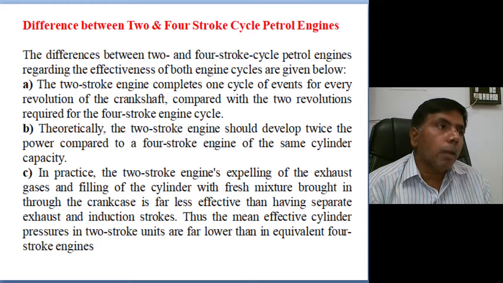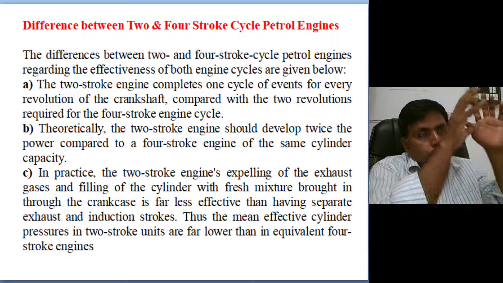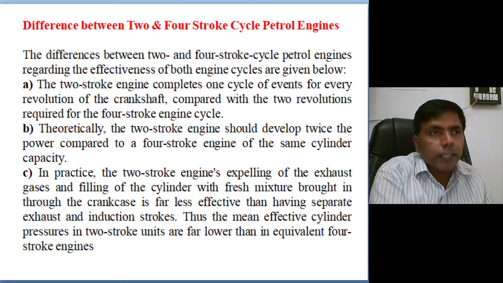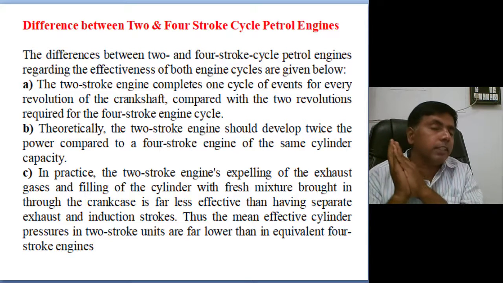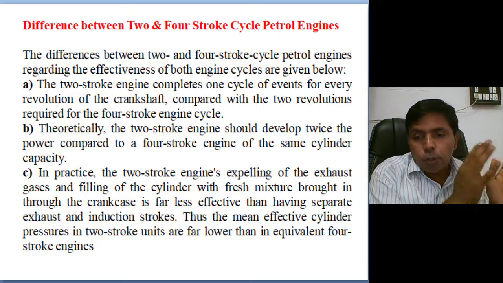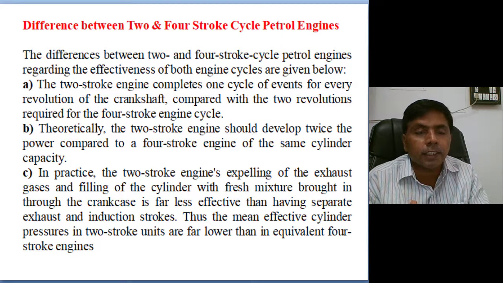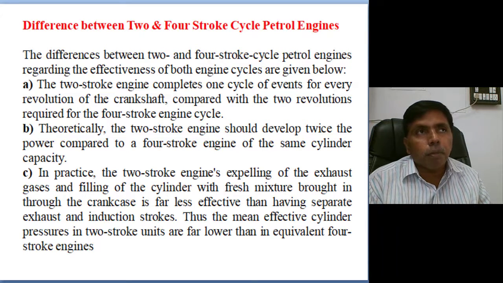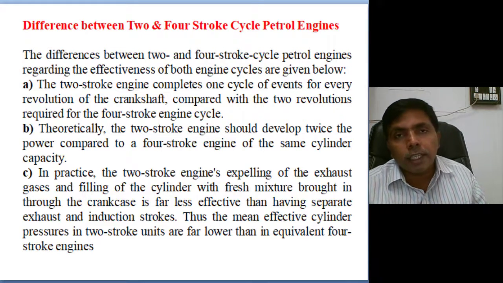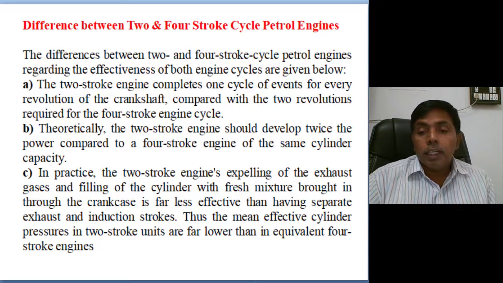But coming to the four-stroke engine, there is no issue. Why? Because one complete stroke is dedicated for intake, and one complete stroke is dedicated for exhaust. So the problem will not occur in the four-stroke, but in the two-stroke we will get that problem.